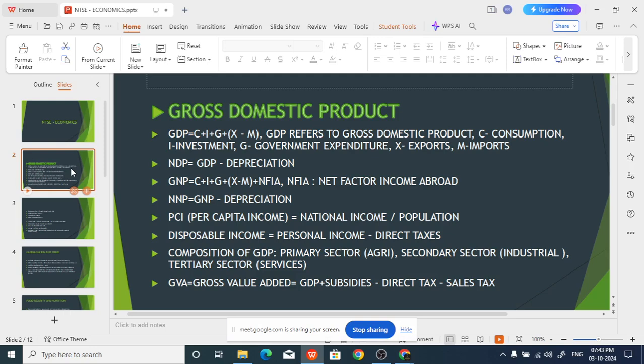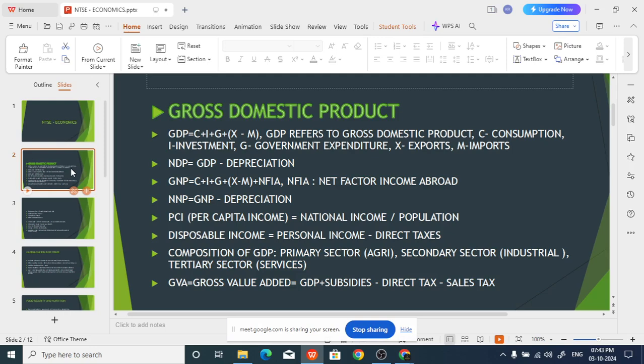Can I, sir? Yeah, please. GDP equal to C plus I plus G plus X minus M. GDP refers to gross domestic product. C consumption, I investment, G government expenditure, X exports, M imports.